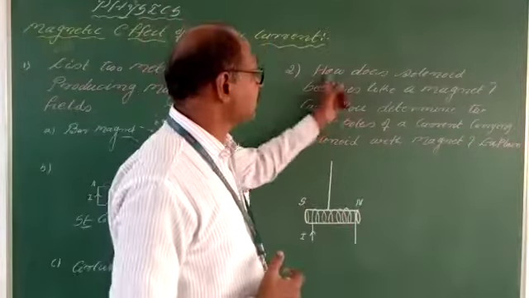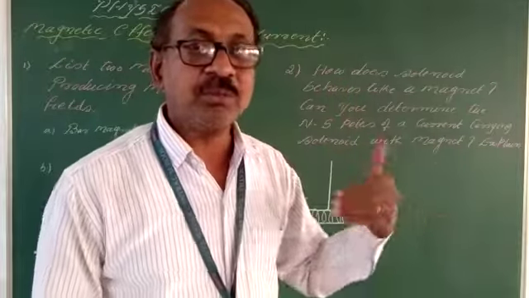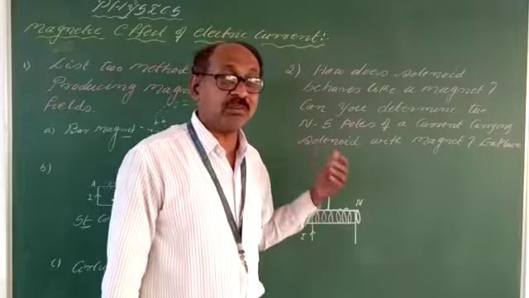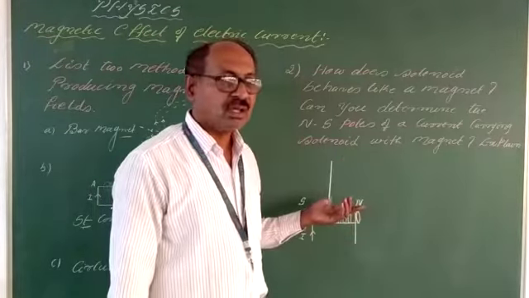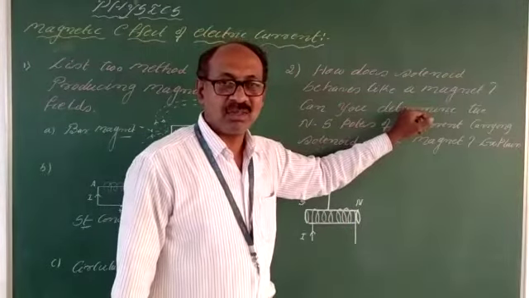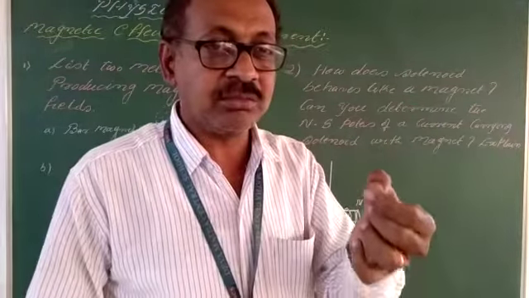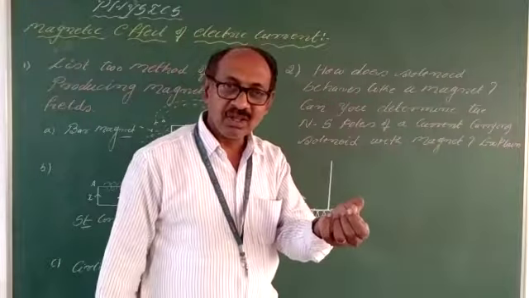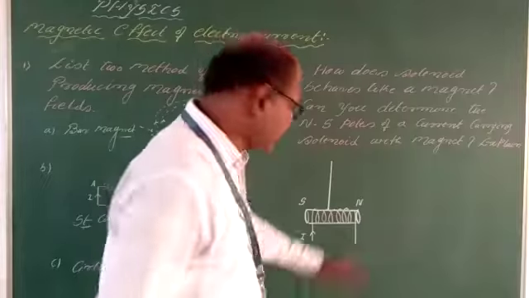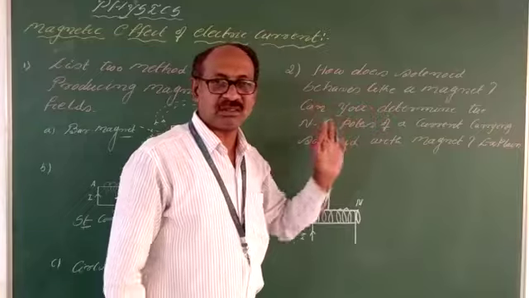Magnets also come to rest in the north and south direction. So that is why we can consider that a solenoid also behaves like a magnet. There is another thing also: we can put magnetic iron filings near it, and it will attract them. Whenever it attracts, we can say it behaves like a magnet.